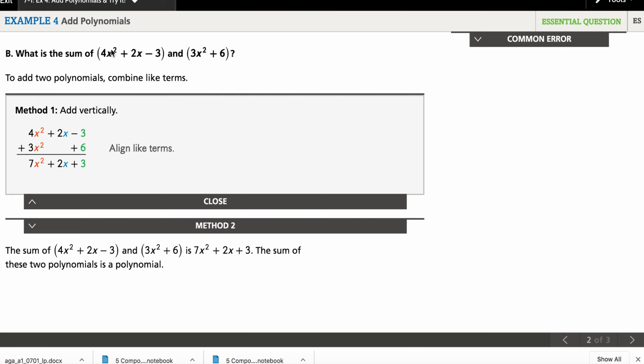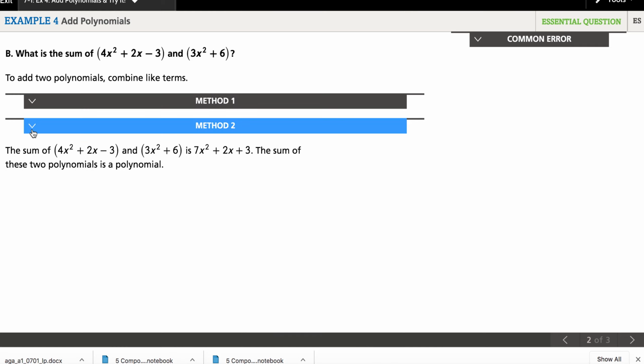In this example, 4x squared and 3x squared are both like terms because they contain the same variable with the same exponent. Now, positive 2x has no like term, but negative 3 has a like term, positive 6, so we align them under each other. And the answer is 7x squared plus 2x plus 3.